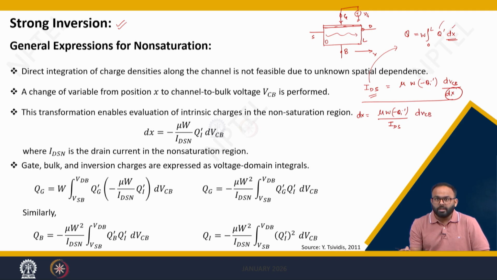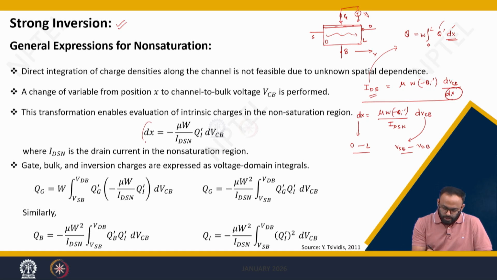We are considering that this is IDSN, which means the strong inversion non-saturation case. Now, obviously the limit of x is 0 to L. Similarly, the limit of VCB is VSB to VDB. These all things we have already discussed when we were doing DC analysis.